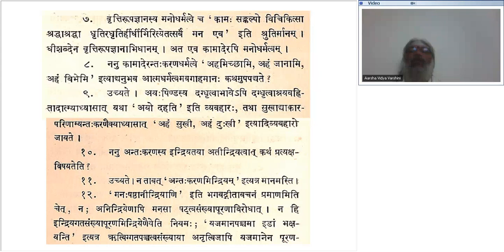According to you, if you say this Kama and Sankalpa and Dhi etc. are all Manodharma, then but the experience is what? The Loka Anubhava is Aham Ichchami, Aham Janami, Aham Bibhemi. So I desire, I know, I fear. All this Anubhava only points to the fact that these things are all Dharma of the Atma and not the mind. How can you then say these things are all Manodharma?